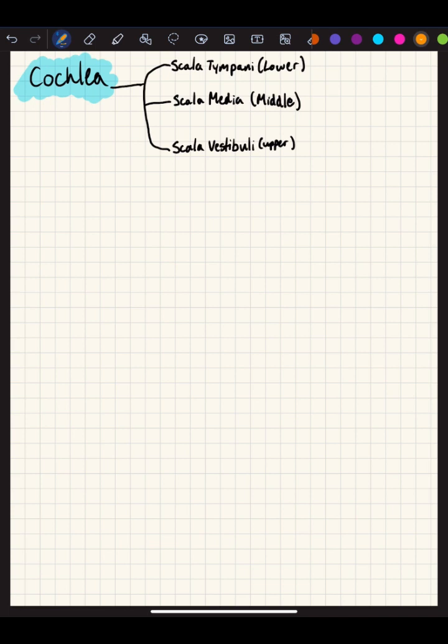So the one that connects the scala tympani and the scala media is going to be the basilar lamina. And the one that connects the scala media to the scala vestibuli is going to be the reticular lamina.